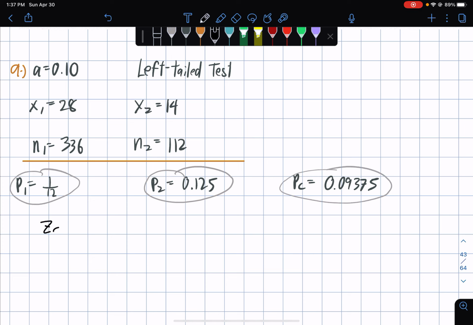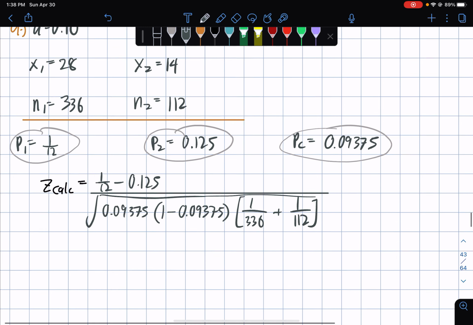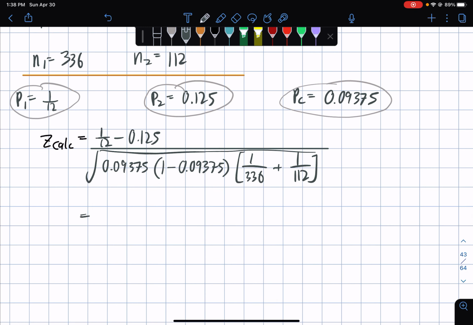Now, the formula, zcalc is equal to P1 minus P2 divided by the square root of 0.09375 times the quantity 1 minus 0.09375 times 1 over 336 plus 1 over 112. Okay, what is the answer?